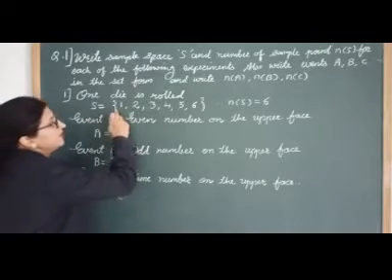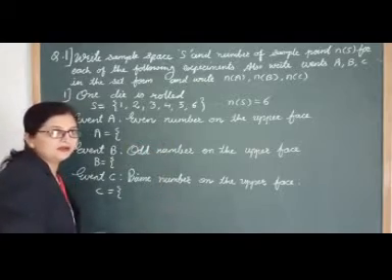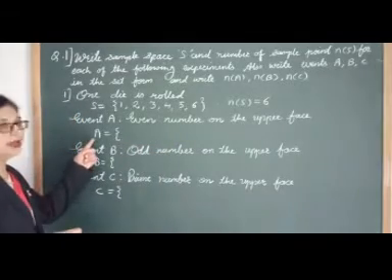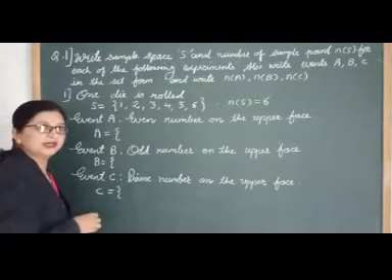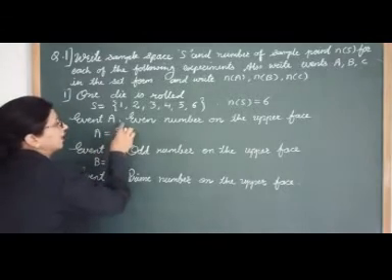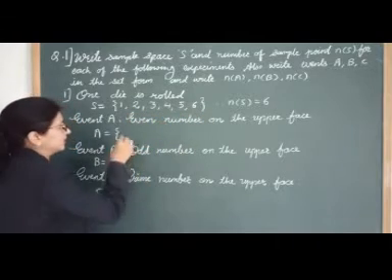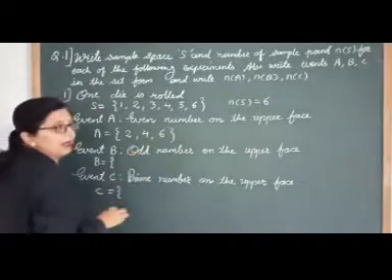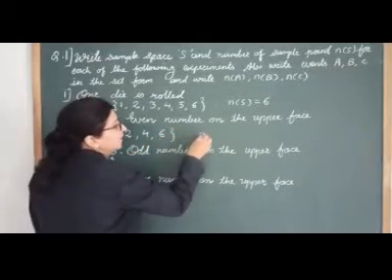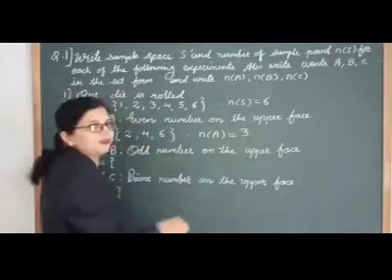So from the sample space we have to select only the even numbers, and we write the points for event A in curly brackets. What are the even numbers here? 2, 4 and 6. Therefore, the number of points in event A is 3.